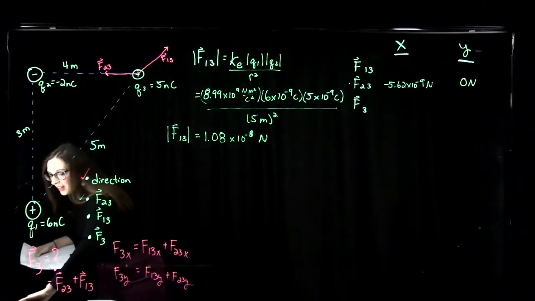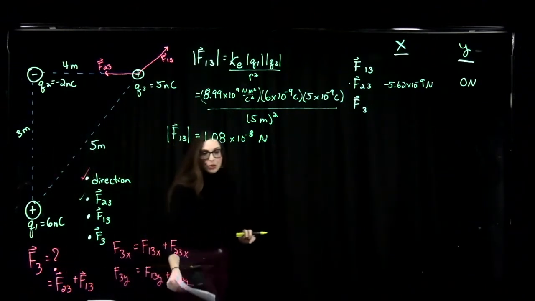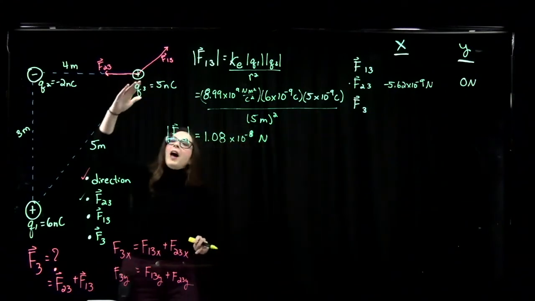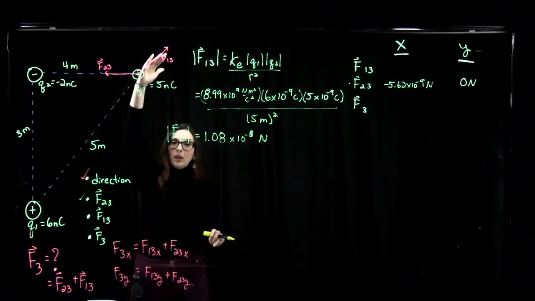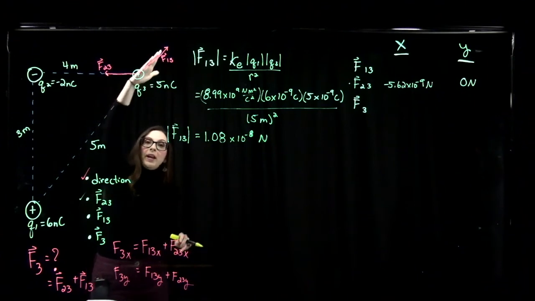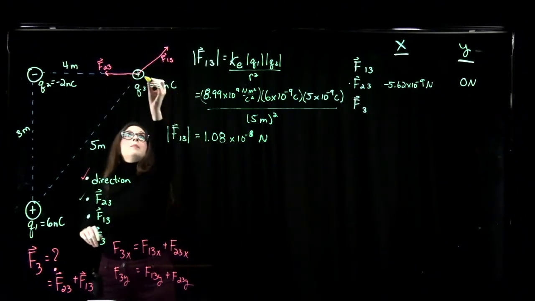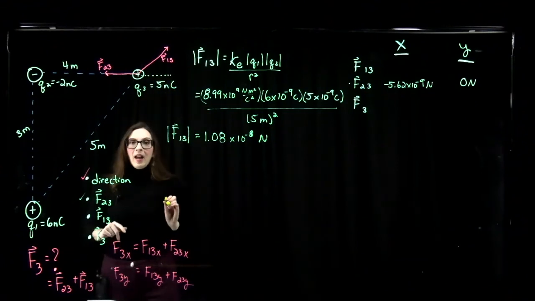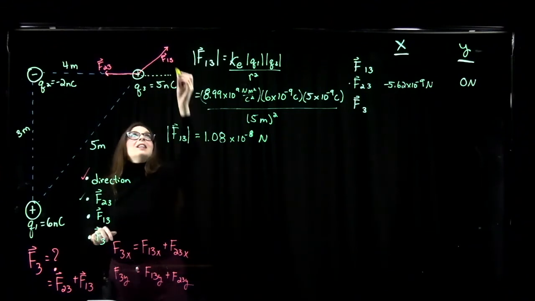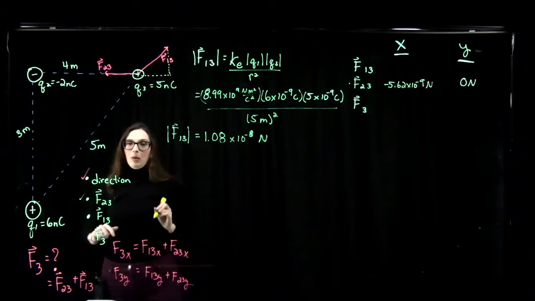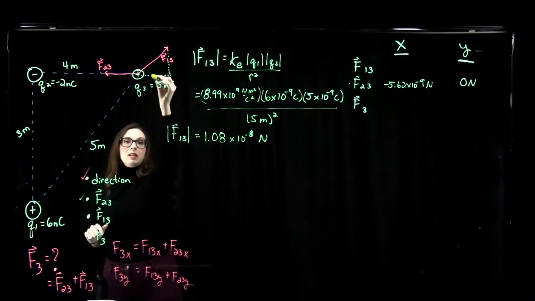But it's not as simple as what we had for F23, because F13 has both an x and a y component. You see that F13 is pointing off, up, and to the right. So it has an x component. This is its x component, and it has a y component. This is its y component, and there's an angle in here.